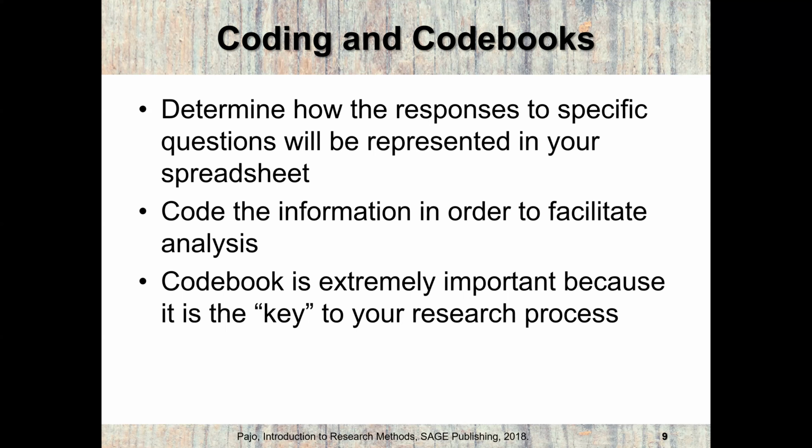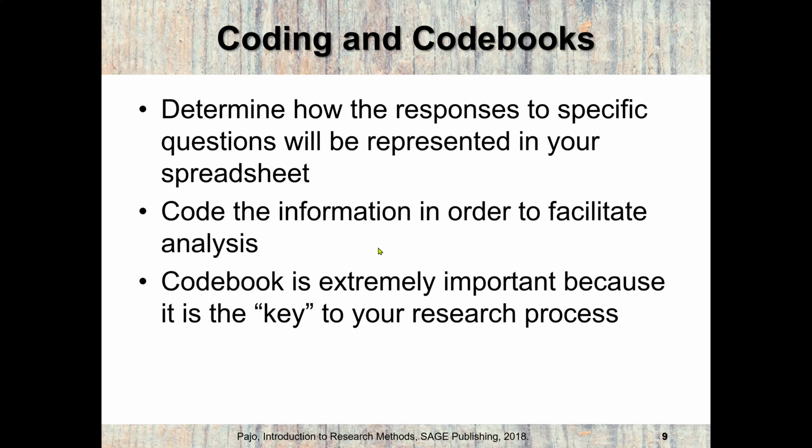So here we say we determine how the responses to a specific question will be represented in your spreadsheet. We should code information in order to facilitate analysis. This is very, very important, especially if the algorithm you are using requires a specific data type, then we need to code.